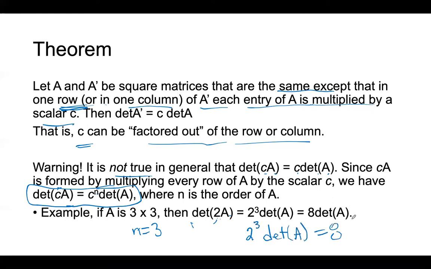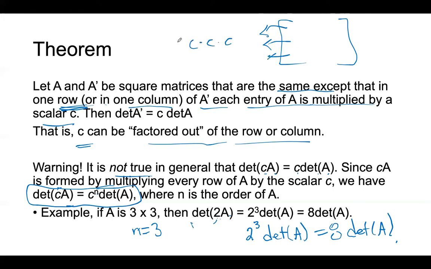So it's actually 8 times the determinant of A. You would see it like this: you factor out the C each time, so it'd be C times C times C. So it'd be C to the exponent n, and n in this case is 3 for a 3 by 3 matrix.